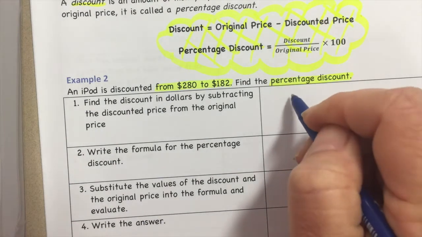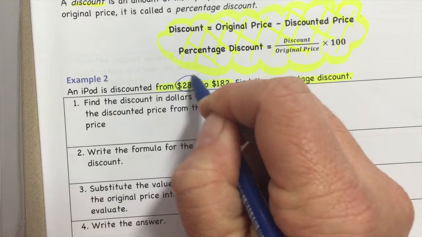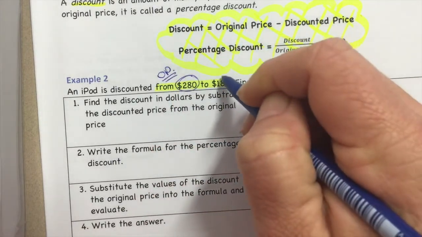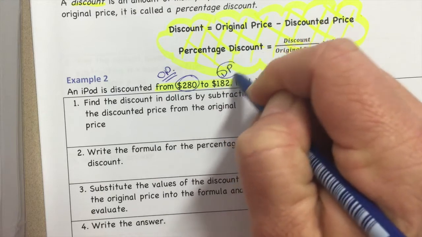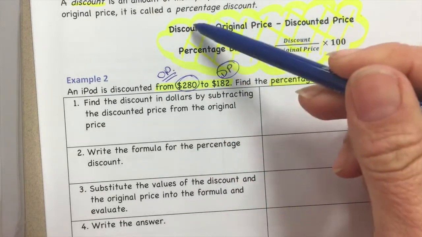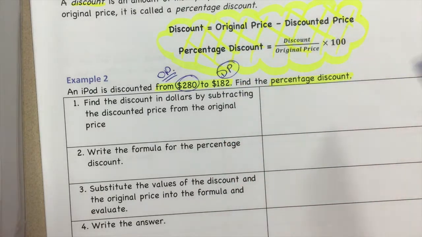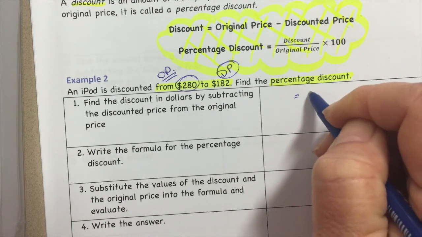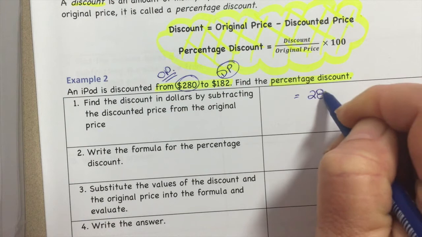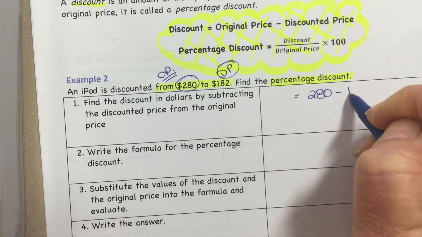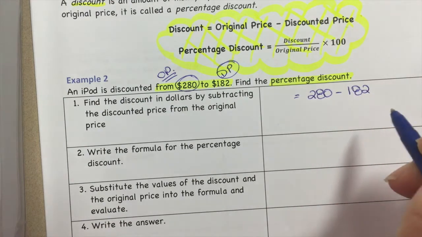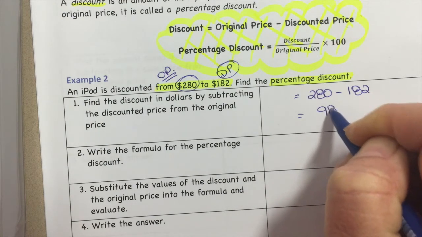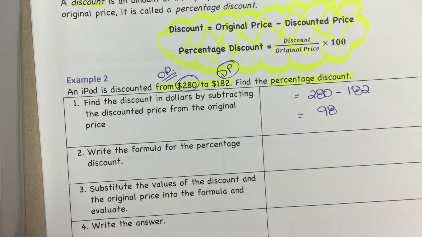Remember, the original price, which is this one, so let's put the OP, and we'll put this one as the DP, which is the discounted price. You'll see that we're going to use this formula here. So the discount is equal to the original price of $280, take away $182. So that's equal to a discount of $98.